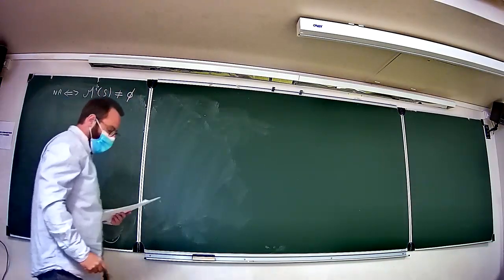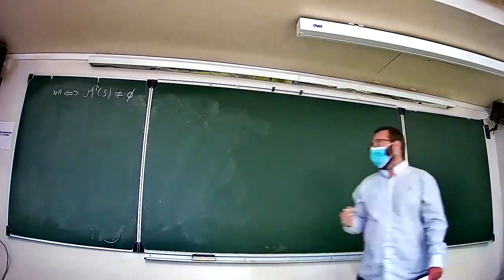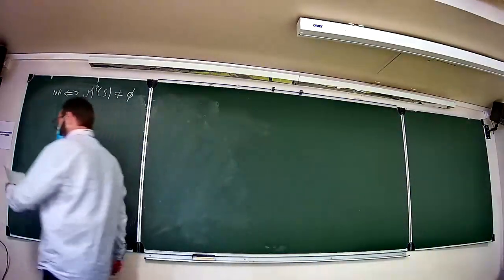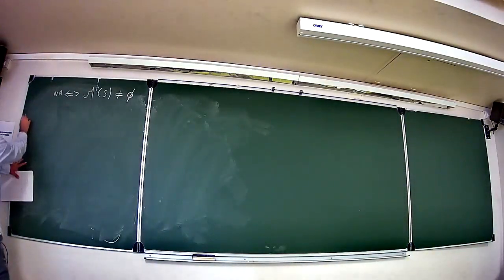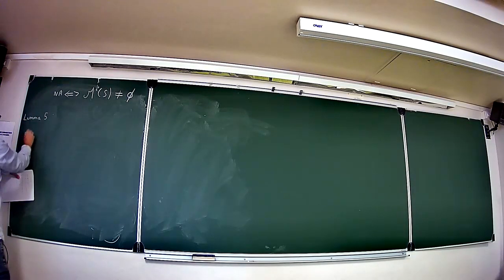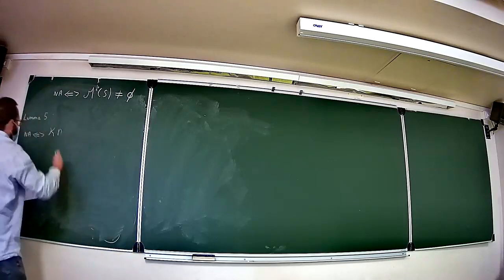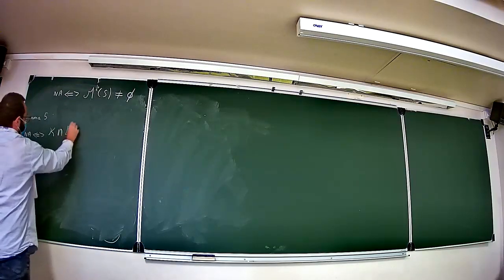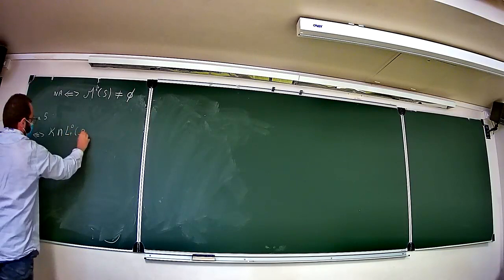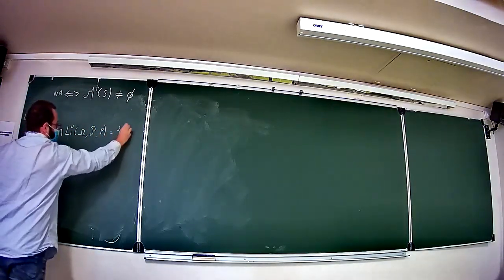Okay. So I have started the proof, and for the moment we have proved two things. The first one was the aim of Lemma 5. We have already seen that NA is equivalent to calligraphic A intersected with L0 plus is reduced to 0.